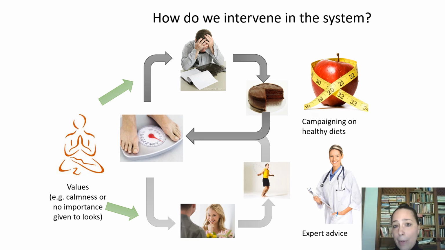Or, for example, with this whole loop of emotional support because I weigh less, it might just be nonsense. So maybe we can have a value that gives absolutely no importance to looks. And in that case, our whole system is going to change as well.